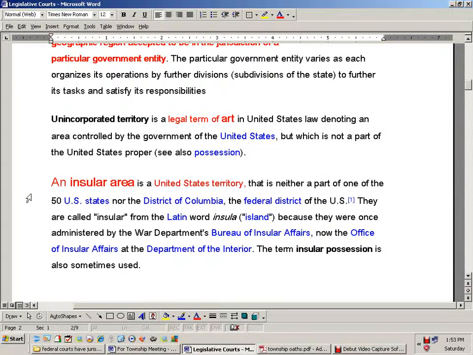An insular area, this is another one of the political divisions, is a United States territory that is neither a part of one of the 50 states, so it's not one of the organized states, nor the District of Columbia, so it's not in the District of Columbia.